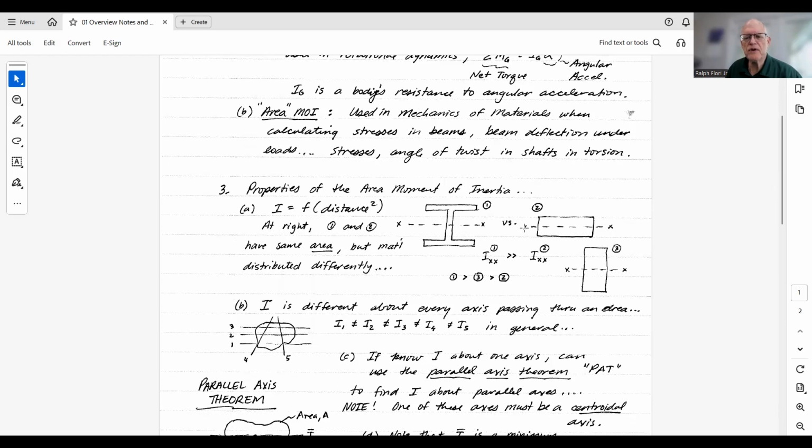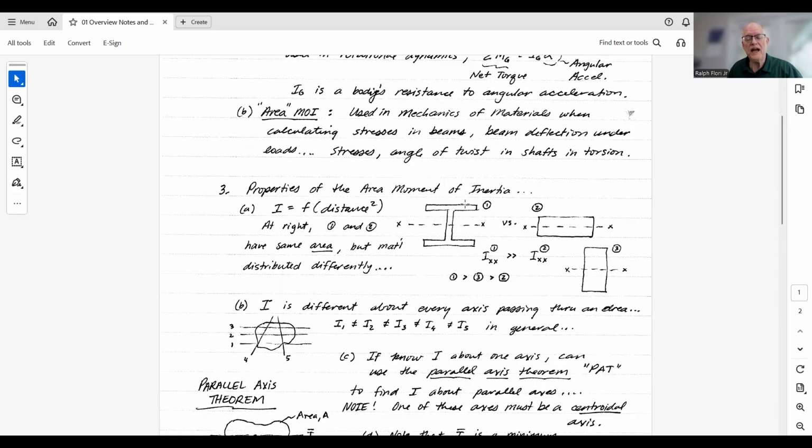In the 2 shape, more of the area is close to the x-x axis, and so its Ixx is the smallest. Shape 3 is oriented vertically. Its area is a little further from the x-x axis, and so its Ixx is larger than the 2 case.